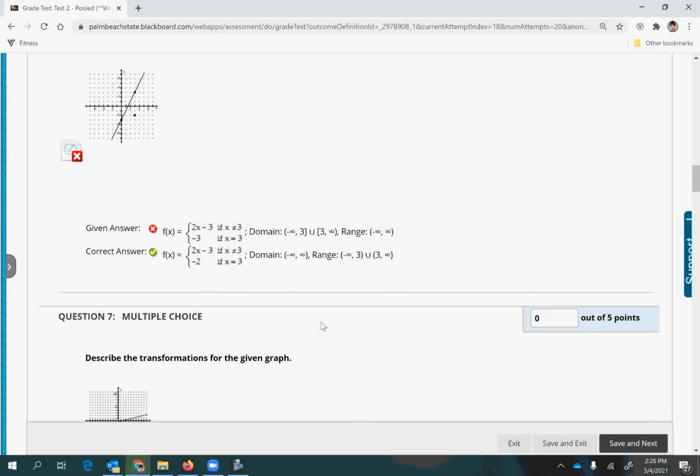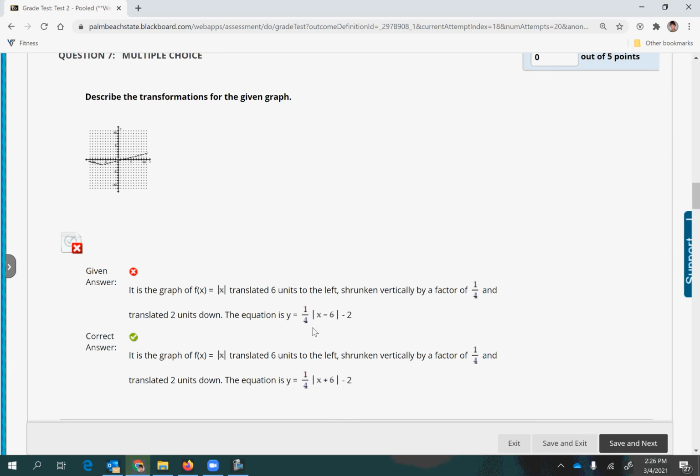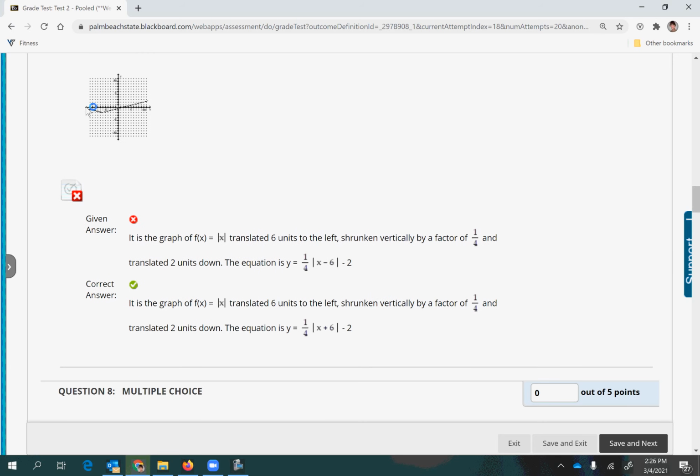All right, now this one, this is an absolute value, so it has the V shape, which is normally at the origin, right? And once you've done transformations on it, it can scoot around and it can get more narrow or more flat and wide.